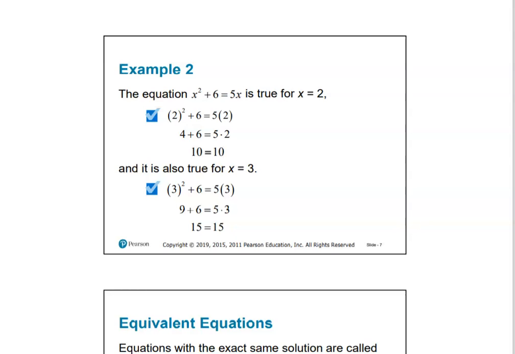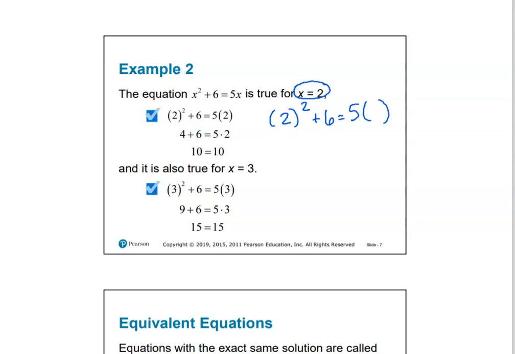Okay, the equation x squared plus 6 is equal to 5x is true for x equals 2. So I'm going to take the same equation, and wherever I see an x, I'm going to put blanks, because that means they want me to plug in something for that x. The something they want me to plug in is 2.